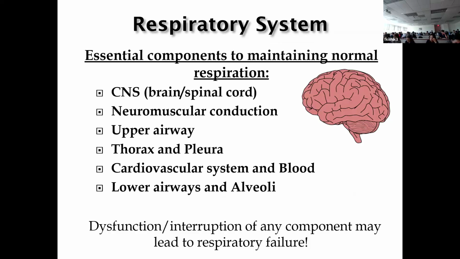So who is responsible for breathing? Well, the brain, central nervous system, brain, spinal cord, neuromuscular conduction. Then you got your downstream stuff, your upper airway, thorax, pleura, cardiovascular system, and so forth. So to have a breathing problem, you can have an issue with any one of these, right? Let's say someone's intubated. You're assuming they can't breathe on their own.